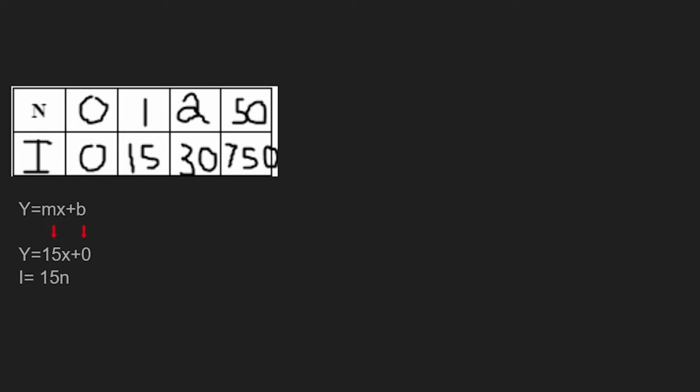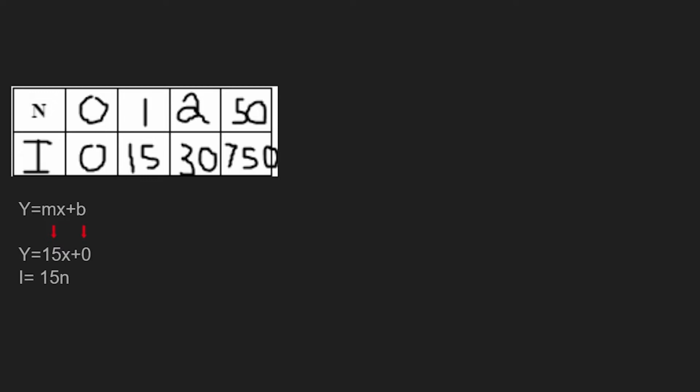For equation 1, we see that when n is 0, I becomes 0, which goes in place of b. So b becomes 0. We'll copy down the x and the y. M is our gradient, and all we need to figure out is how much I is going up by. In the second row, which is I, it starts with 0, then 15, then it goes to 30.